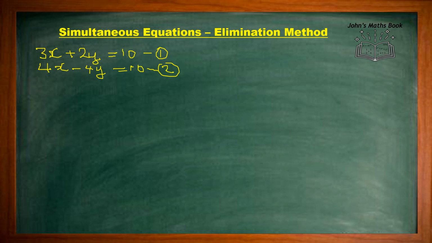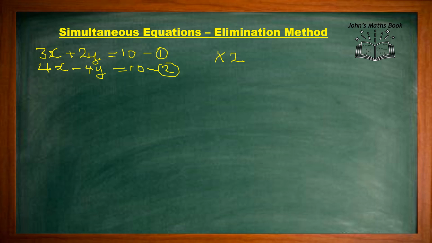So to get one of the coefficients the same in this example, we need to multiply one of the equations by a constant. So what I'm going to do here is multiply equation 1 by a factor of 2, and then I'll get the coefficients of the y term the same.